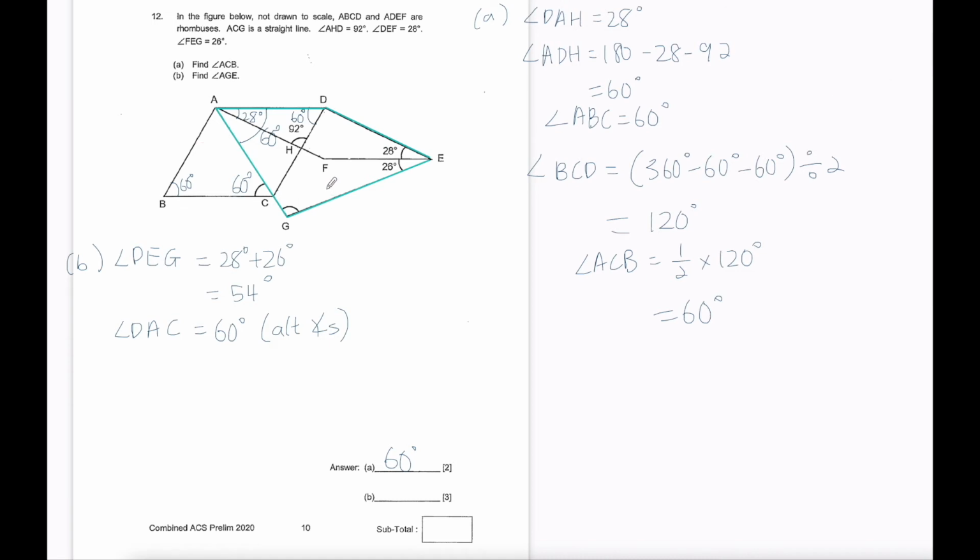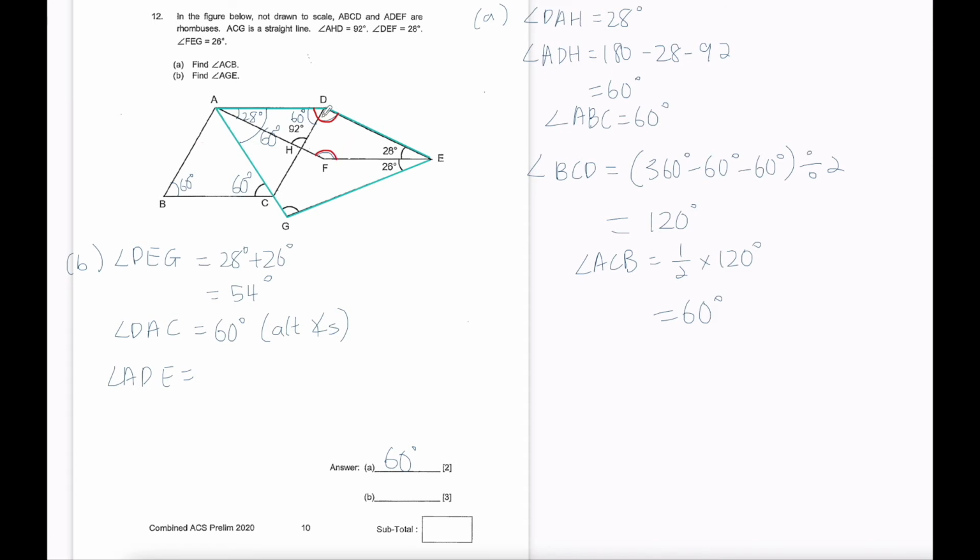And then what's next? Let us find out what's ADE. ADE is part of the rhombus. So if this is 28 degrees and this is 28 degrees, how do we find this angle and this angle? This angle and this angle are the same, correct?